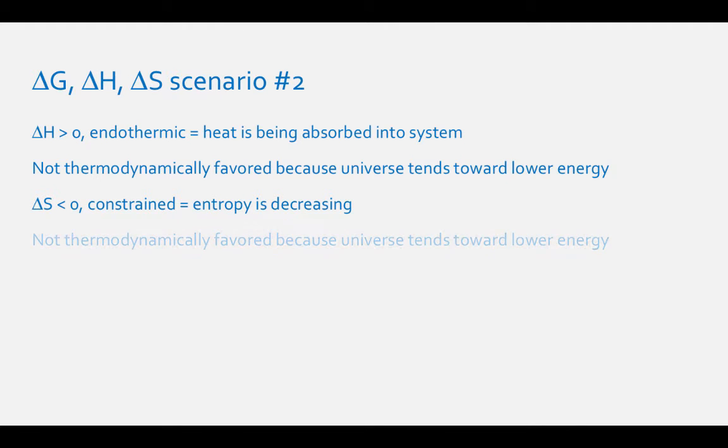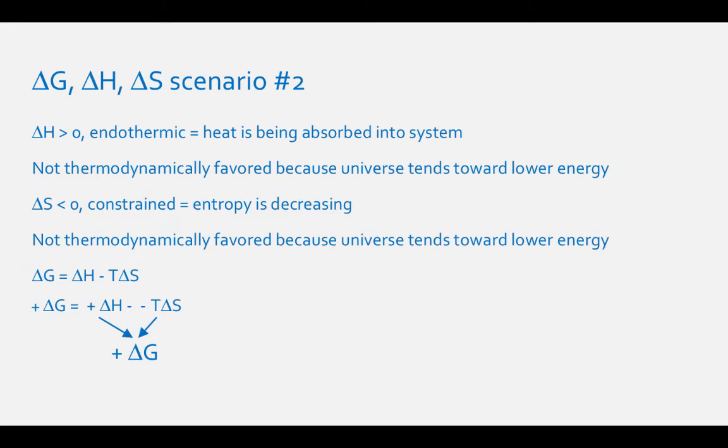Again, this is not thermodynamically favored. So let's plug both of these signs into our delta G equals delta H minus T delta S equation. A positive delta H will make the delta G positive, and if we subtract something negative from a positive number, we will have an even bigger positive number. So a positive delta G indicates a non-spontaneous reaction in the forward reaction.